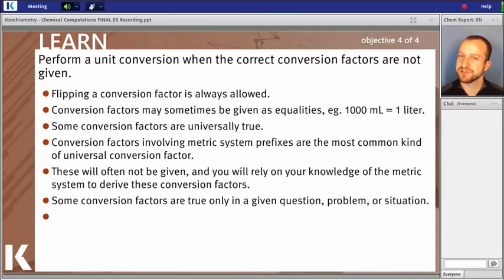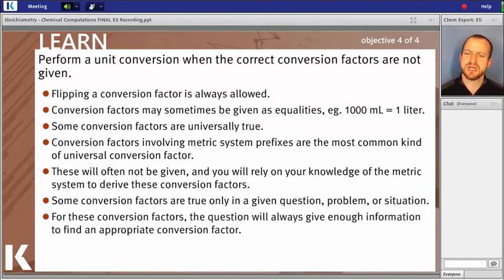Some conversion factors would be just true for that one problem, not something that we would necessarily put on a flashcard or try and remember for the future. And anytime we happen to be converting weird values or specific constants are involved, anything that's non-standard, we should be given the conversion factors in some form so that we can set up the problem correctly. Otherwise, we wouldn't be able to do our dimensional analysis.